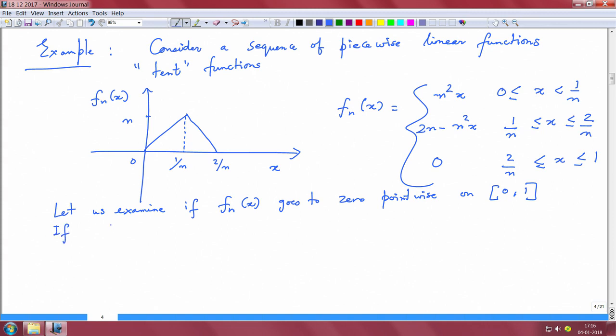Now, if x belongs to this semi-closed interval, then f_n(x) equals 0 for all x greater than 2/n, because you can choose your n and x depending on n such that this is a 0 function.